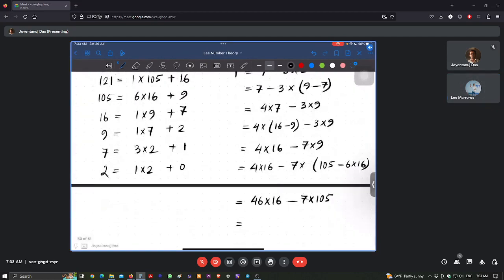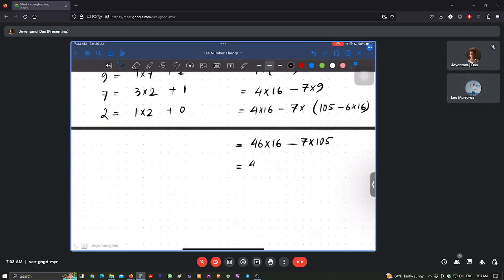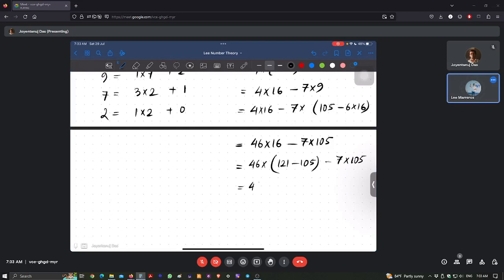Now 16 you have to replace, 121 minus 105. So 46 plus 7, right?